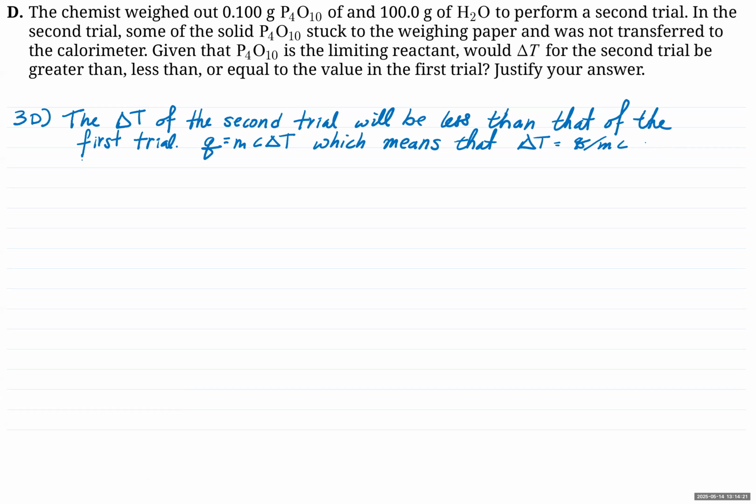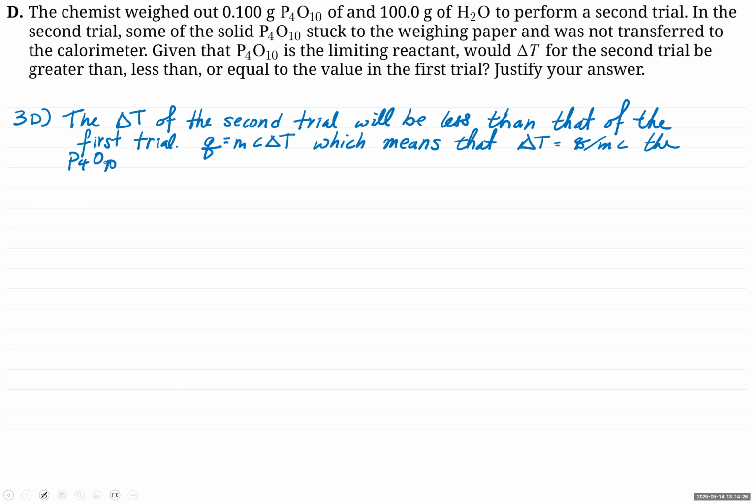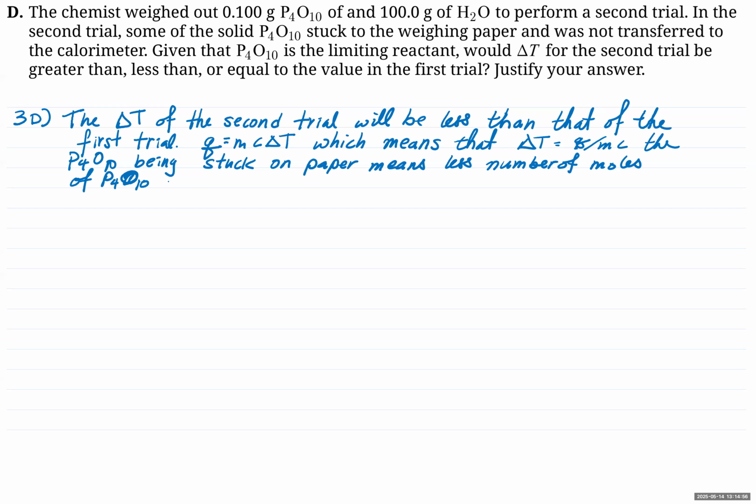The P4, my pen is having a hard time. My apologies. The P4O10 being stuck on paper means less number of moles of our white phosphorus, P4O10, entering the calorimeter.